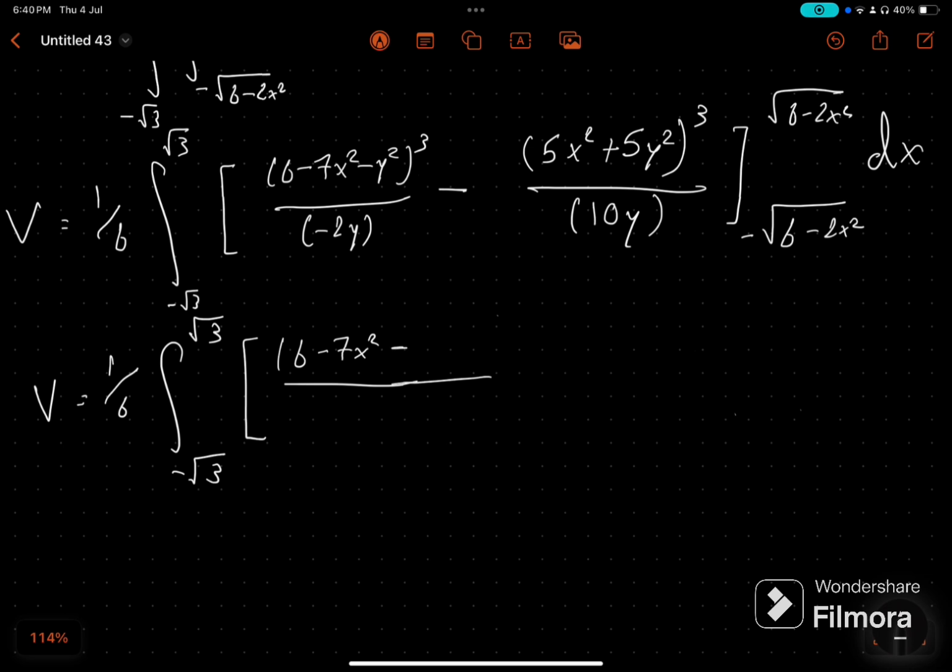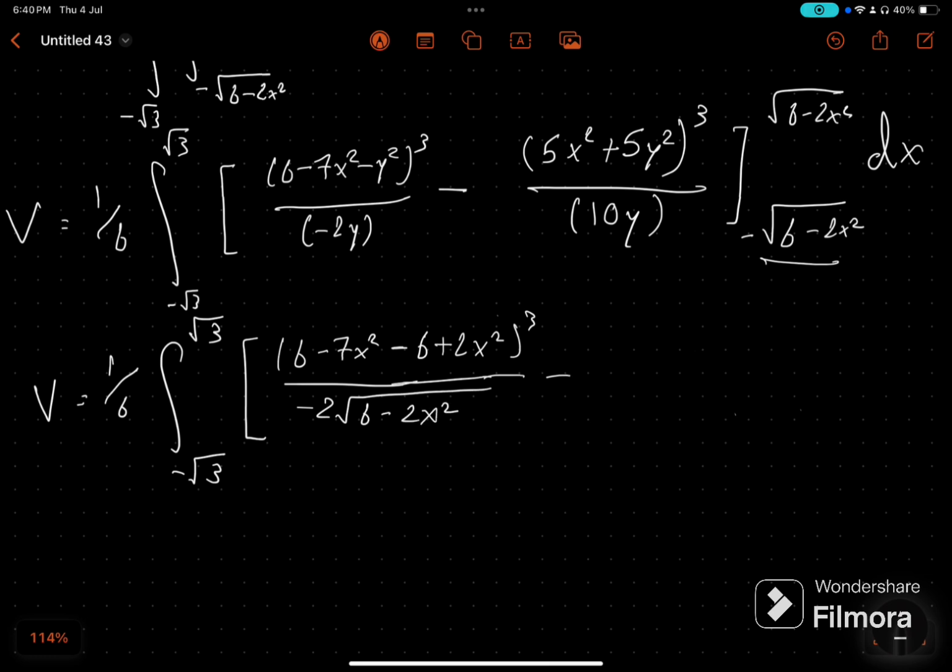So if we start with minus square root of 6 minus 2x squared, it's going to be minus 6 plus 2x squared. We square this, and we get 6 minus 2x squared with the minus sign, all to the 3 divided by minus 2 square root of 6 minus 2x squared.